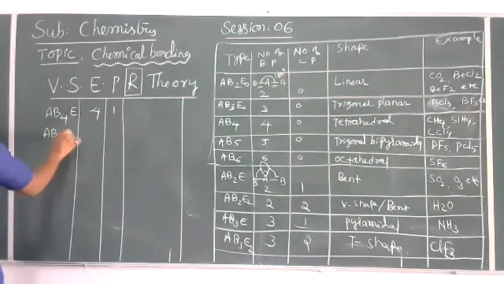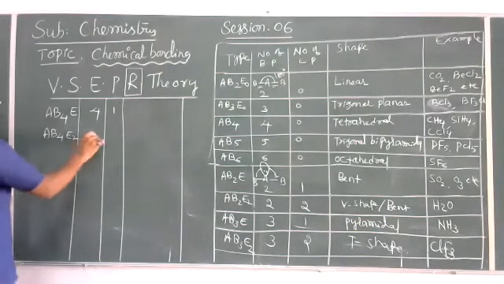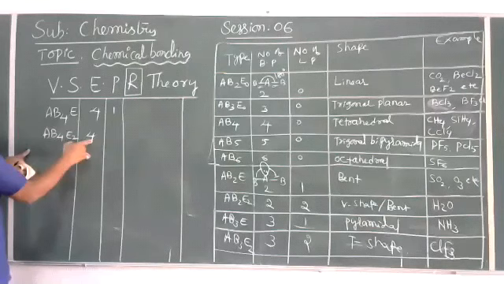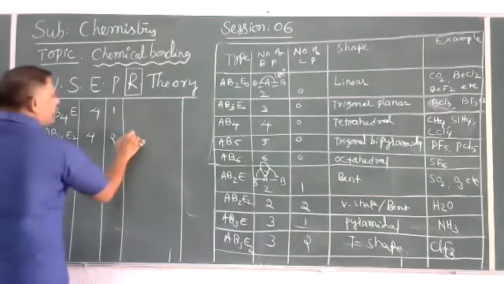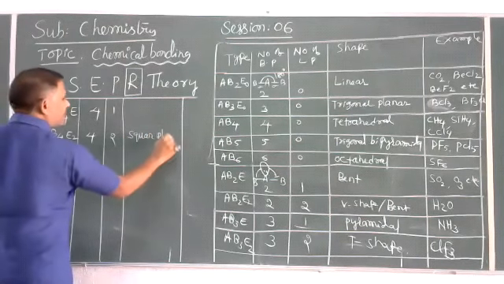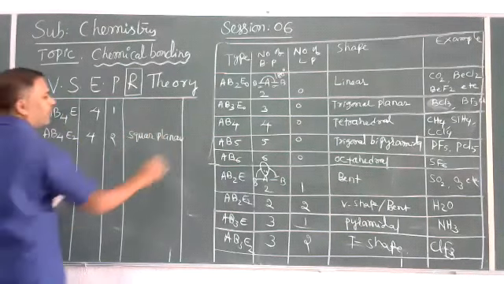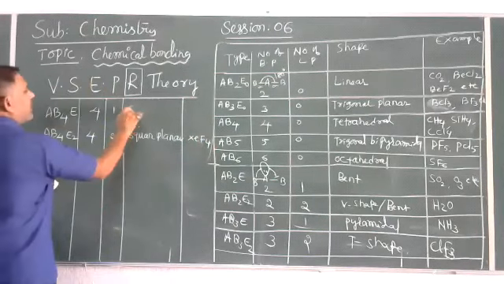Our AB4E2 model has 2 lone pairs present here: 4 bond pairs and 2 lone pairs. It is a square planar structure. For example, XeF4 is square planar.